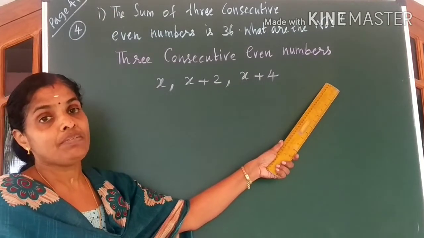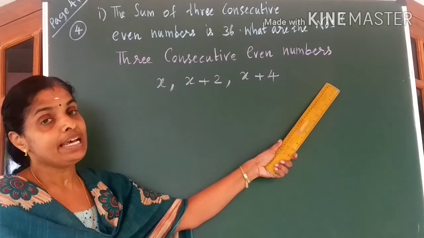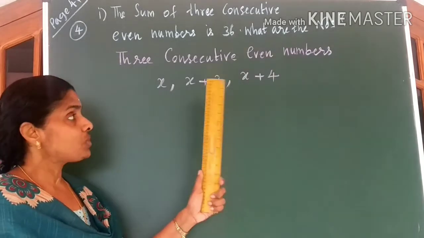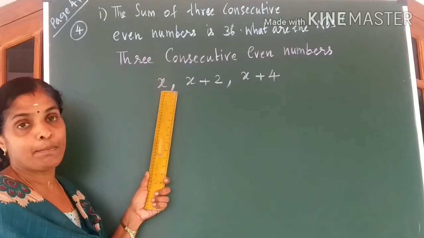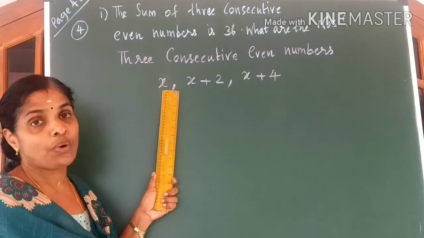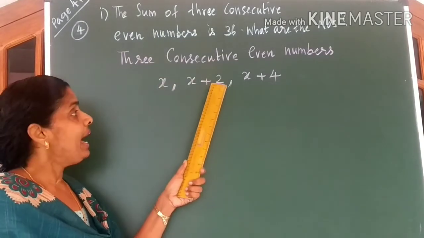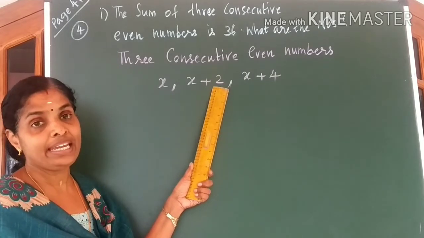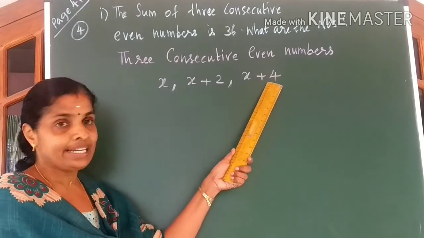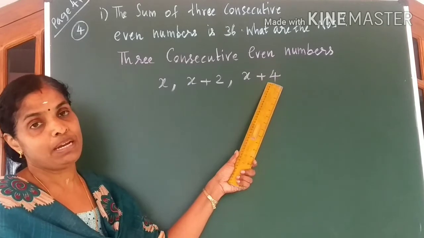You know, even numbers and odd numbers differ by 2. So I took the first even number to be equal to x. So what is the next even number? Add 2 to it. I got x plus 2. What is the third even number? It is x plus 4.